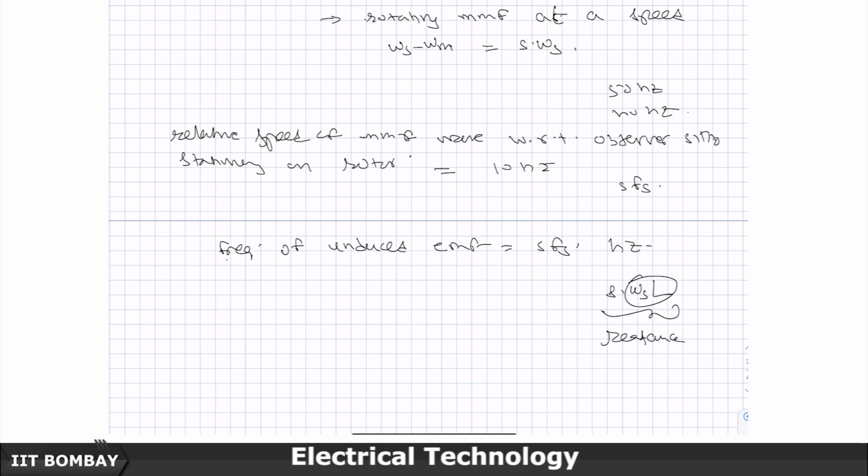So if I call this omega s L r, the rotor, R indicates rotor. I will connect these things when I come to the equivalent circuit.